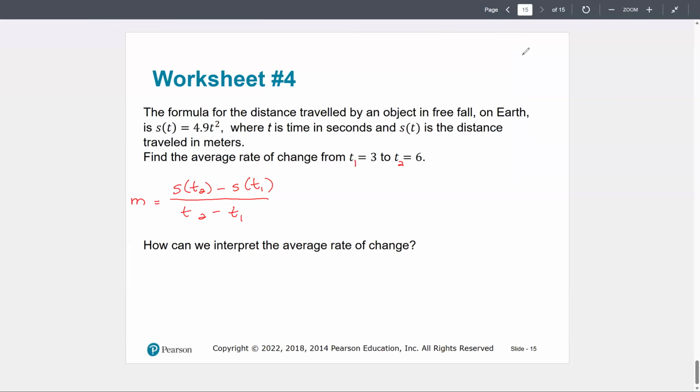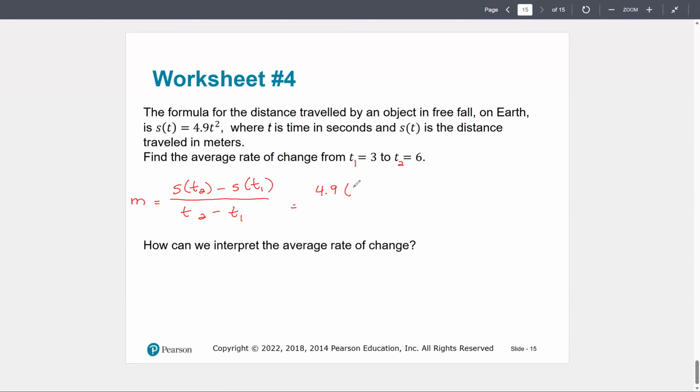So the function value is the part that's on top. So we're going from s(t2) minus s(t1). And then the bottom is t2 minus t1, because t is my independent variable. So we have 4.9 and then we have t2.